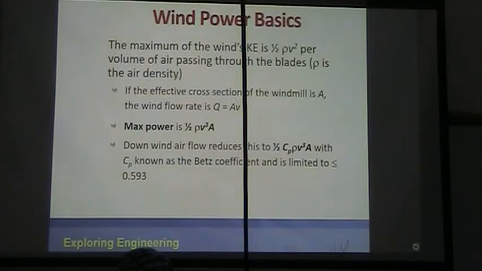It can be the movement of heat, it can be the movement of water or air. So Q equals A, the effective cross-section, times the velocity. The maximum amount of power we could get would be 1/2 rho times velocity cubed times A.